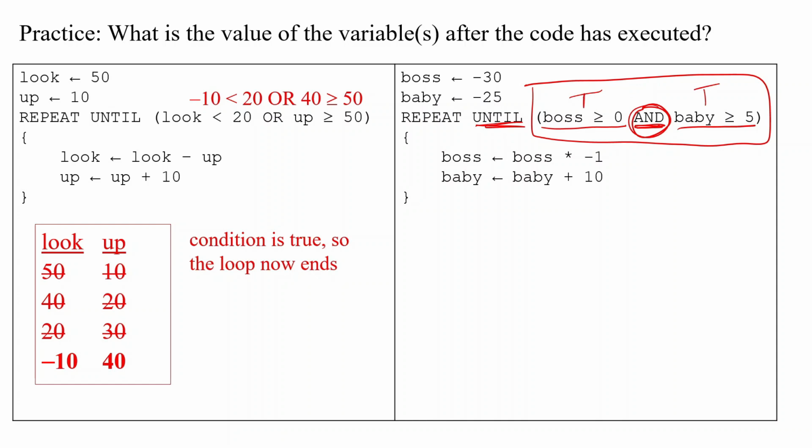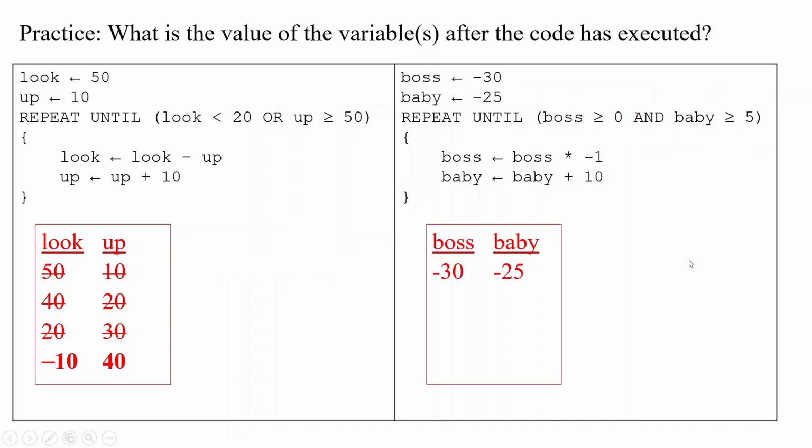So both of these conditions have to be true in order for our loop to stop. Okay. So read through, kind of phrase, this code segment in that way to help your brain know when you are going to stop. And then it makes it a lot easier going through. So boss gets the value of negative 30, and then baby gets the value of negative 20.